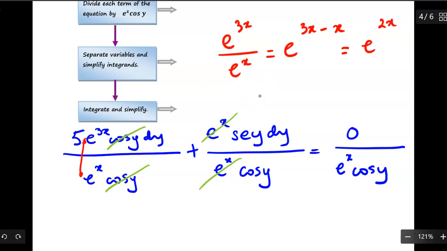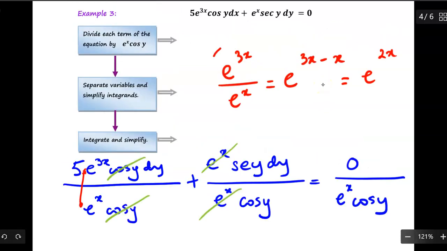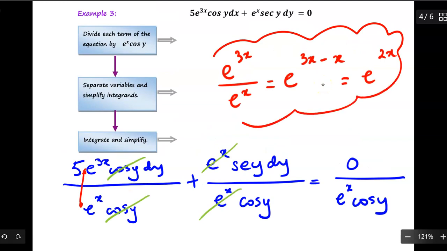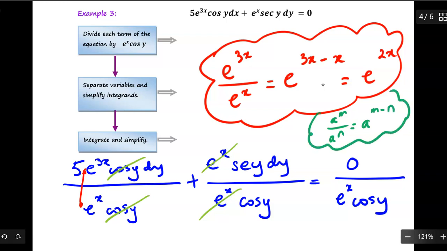So you just write the base and then you subtract the exponents. So this is the algebraic step that we need to remember. And the formula for that would be a to the exponent m divided by a to the n: you write just the base a, and then you subtract the exponent. So in this case, you just have the same base e.